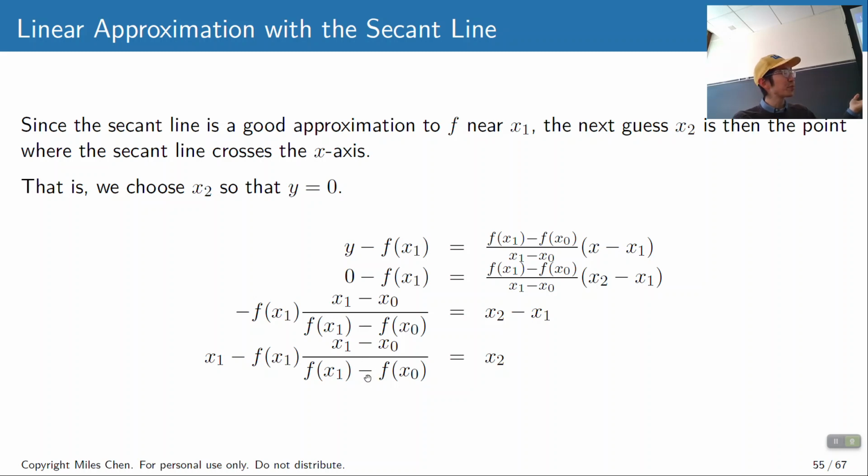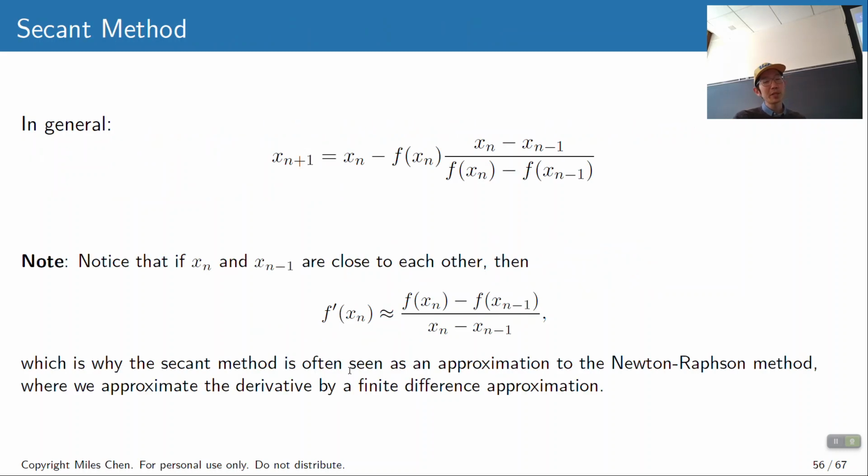The slope is the difference between f of x1 and f of x0, divided by your change in x, x1 minus x0. So it's very similar to the Newton-Raphson method. Rather than figuring out the slope by using f prime, we're approximating the slope by taking a difference between 2 locations in x and their corresponding f of x values. That's going to be the secant method.